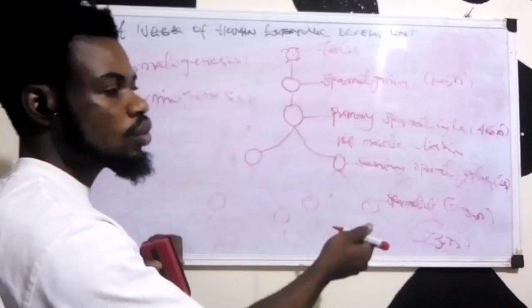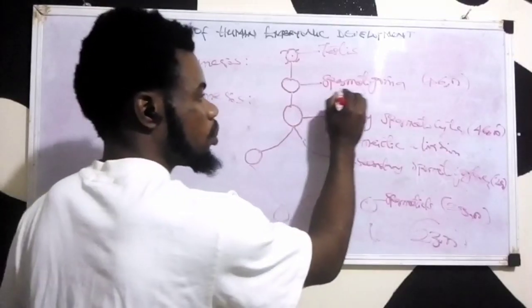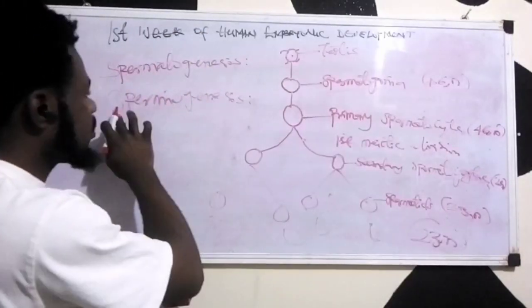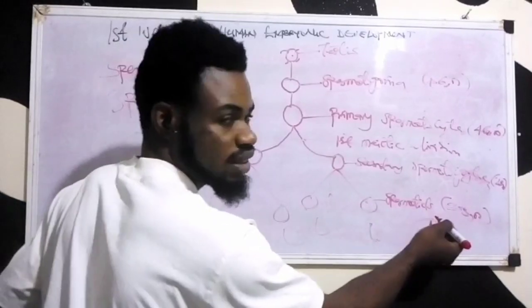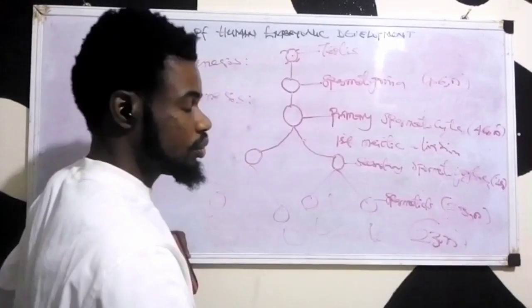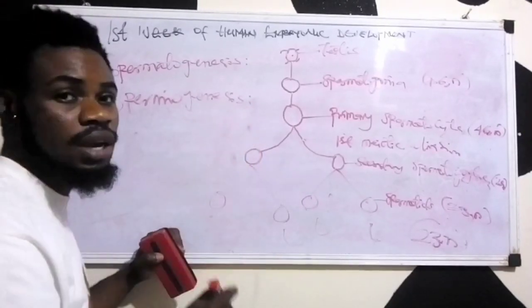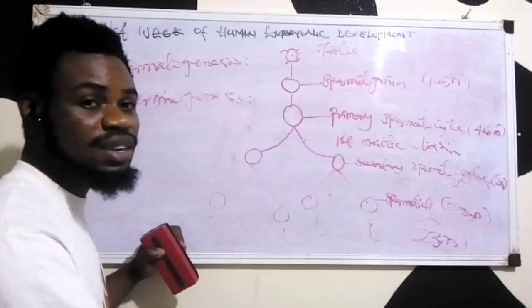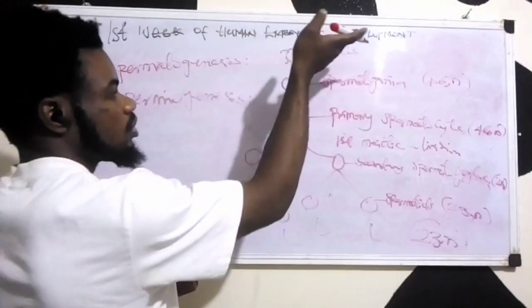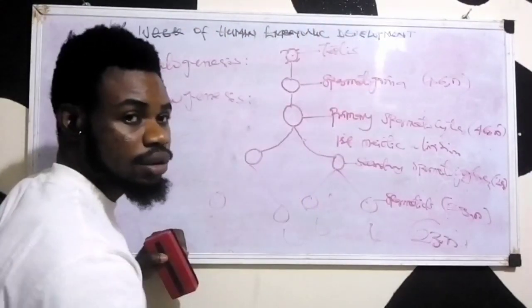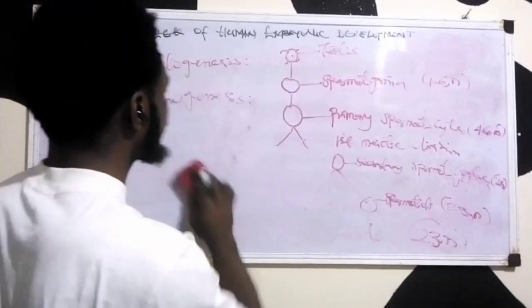Spermatogenesis is the formation of matured sperm cell from spermatogonia, while spermiogenesis is the transformation of spermatid to matured sperm cell. So spermiogenesis is much like an intermediate reaction between the spermatogonia and the matured sperm cell.